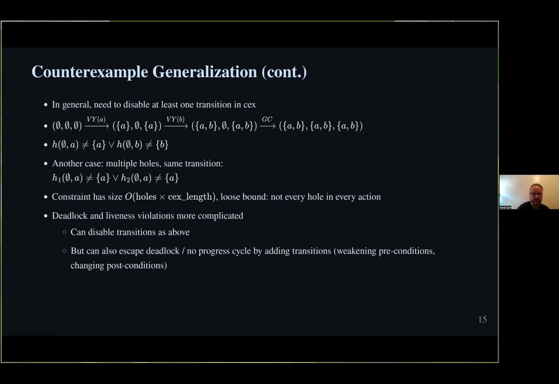In the case of liveness, if you have some cycle of transitions where no progress is made, then you can add some kind of fair transition to the protocol in order to escape that cycle. So that gives you a sense of how we handle deadlock and liveness properties and violations. But details are in our paper.